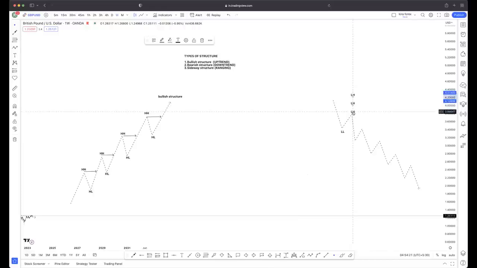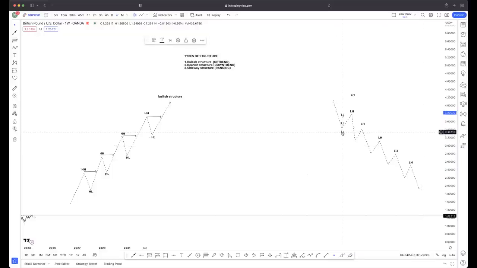In a bearish or a downtrend structure, we have the formation of a series of lower highs and lower lows. We have our lower highs here, and then we will have our lower lows at the downside. This is just the opposite of the bullish structure.